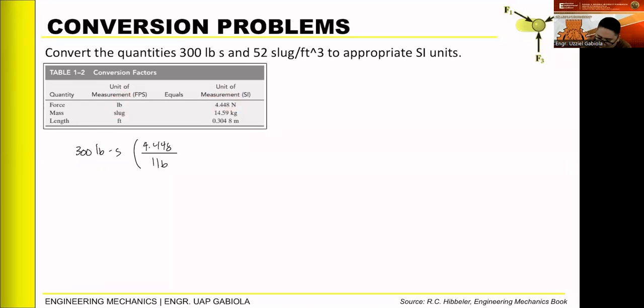Okay? So, pag natin yan, that is 300 times 4.448. Anong nangyari dun sa pounds? Nag-cancel na yan. So, ang unit natin ngayon is 1334.4 newton seconds.